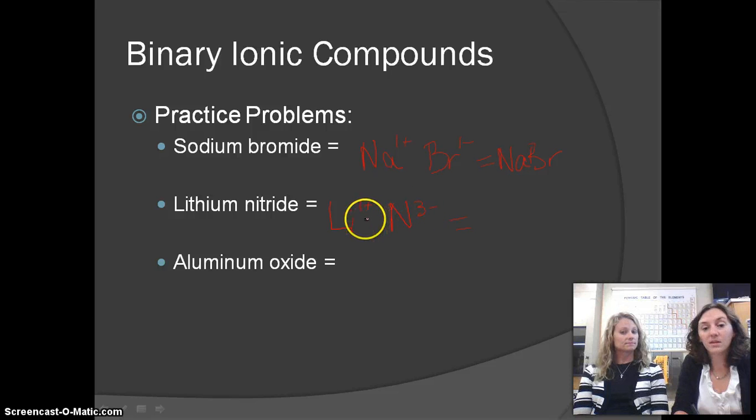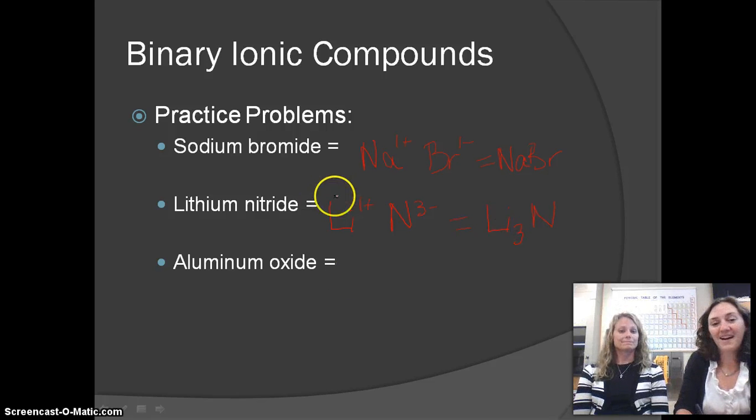I would say we have 3 lithium to every 1 nitrogen, so that we can have a neutral charge of 3+ and 3-. So I'm going to write lithium and then a subscript of 3, which says we're using 3 lithiums to every 1 nitrogen. Notice I don't have a 1 here. You don't need to write the 1. If there's no number there, we assume it's 1, or else you wouldn't have written the element.